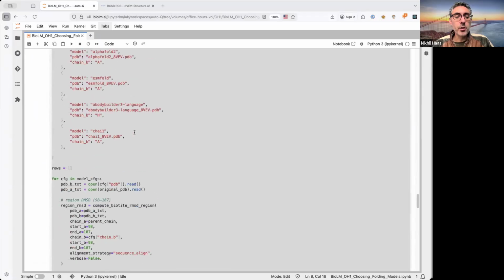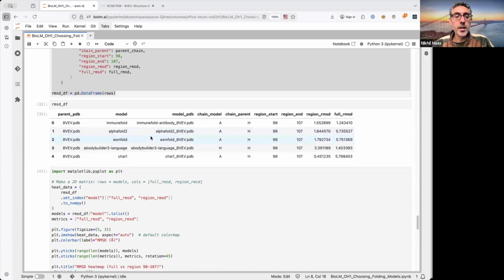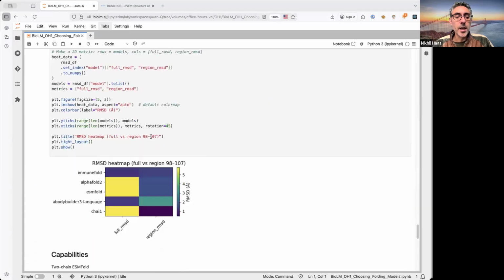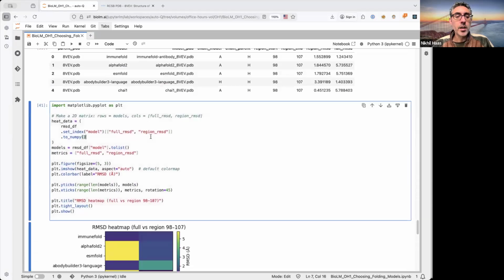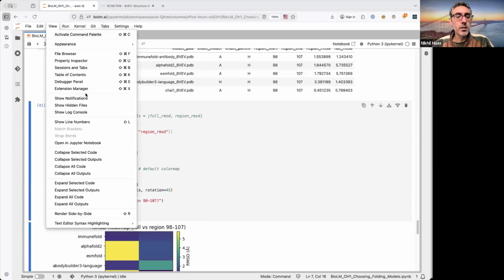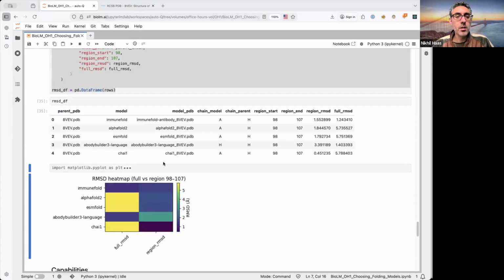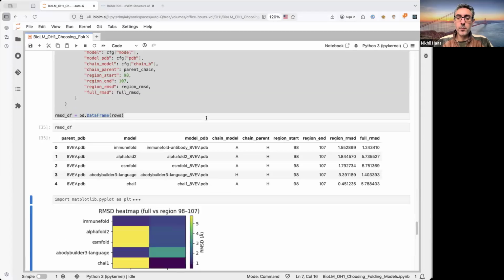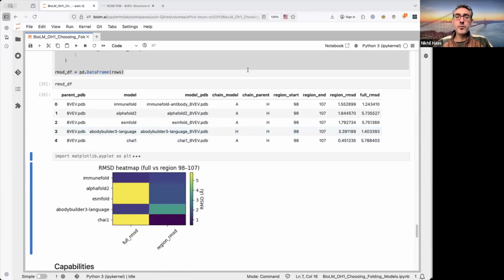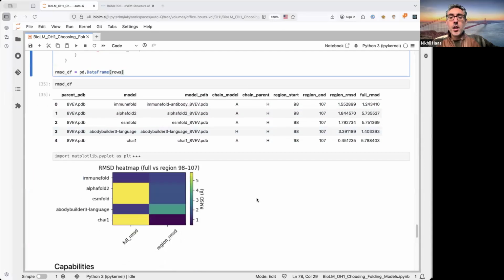Okay, so we're going to fast forward and basically put all that in a table and a heat map. And let's collapse selected code. Okay, so here we've got now the outputs. So for the full RMSD for ImmuneFold, it's an RMSD of 1.2.